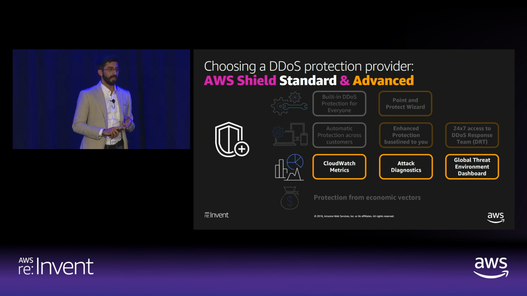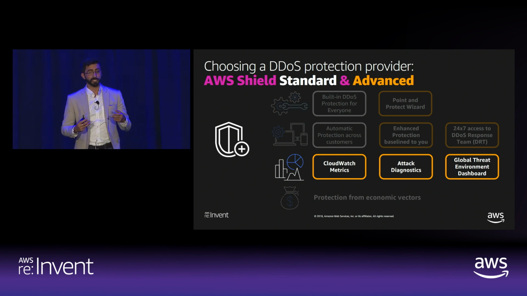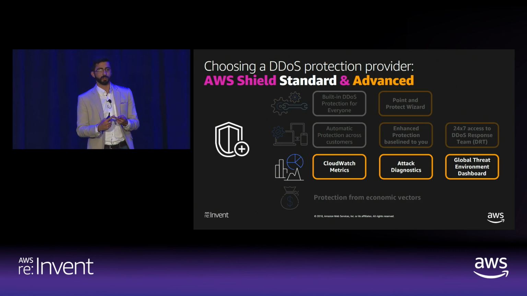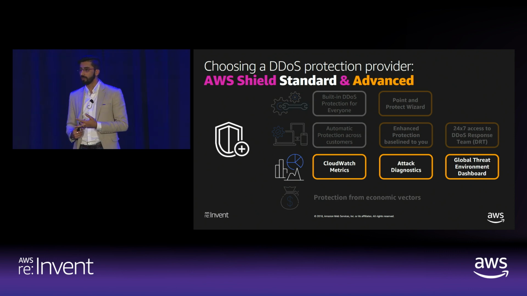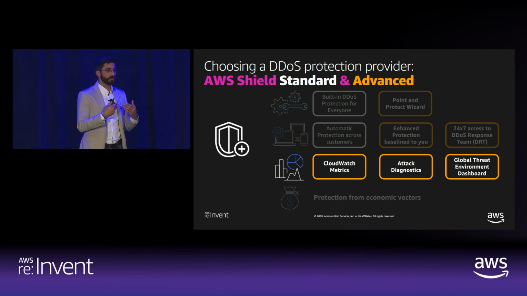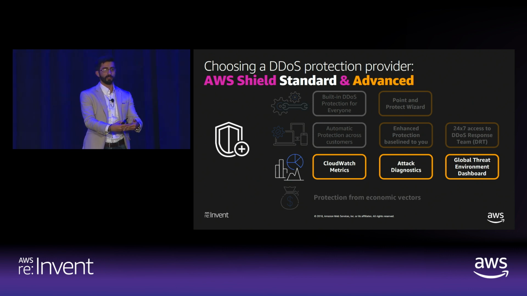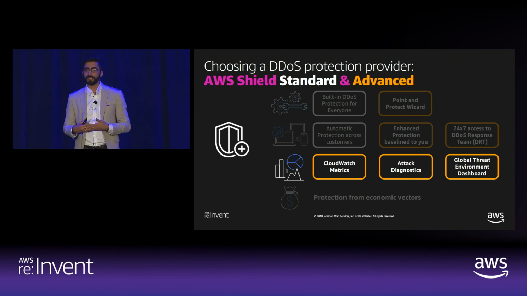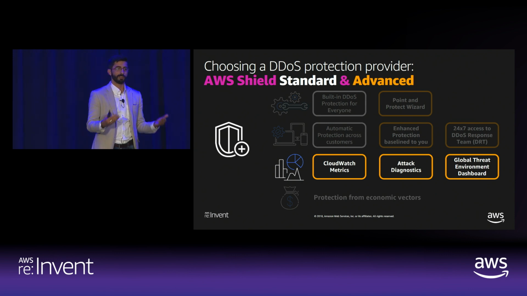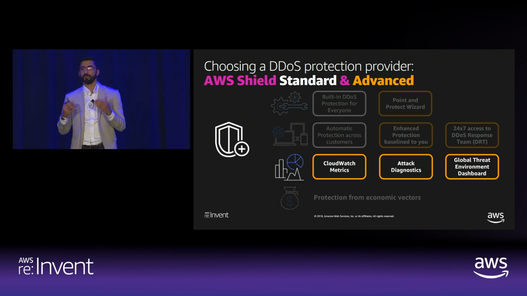Then you're also getting detailed attack diagnostics, which tell you things like the top IPs during the time of the attack, the top ASNs, and your top geos. So that gives you an extra input to say, okay, I'm seeing traffic from a region that I never expect traffic from. I shouldn't wait for DDoS to come from those regions. I should go back and put a WAF rule in place that automatically drops all of the traffic from that region, right?